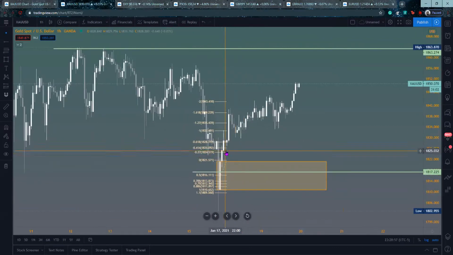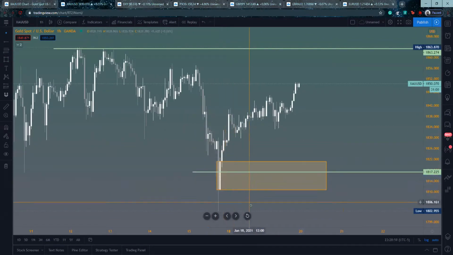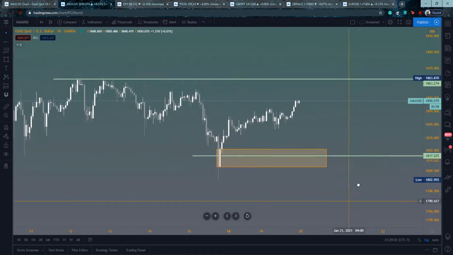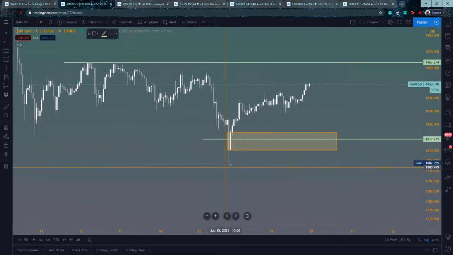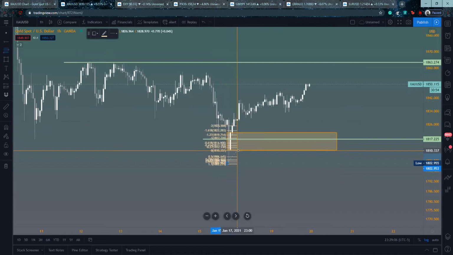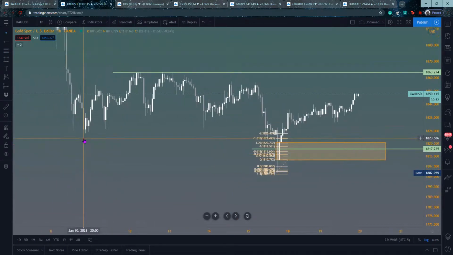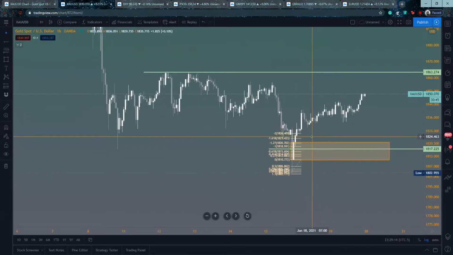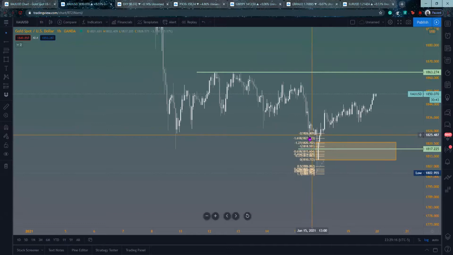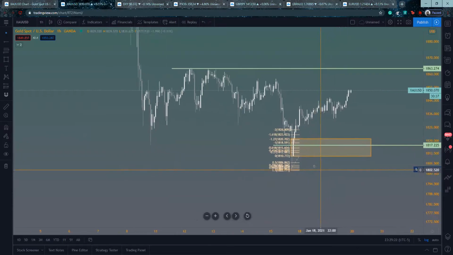However, to also consider that, we could also consider this wick, right? And this inefficient candle, we could say that the same thing happened here. We got somewhat of a reaction, and then it raided stops, and then it continued lower. I think what may happen here is we may see the exact same thing, meaning we get a slight reaction and then it continues lower.